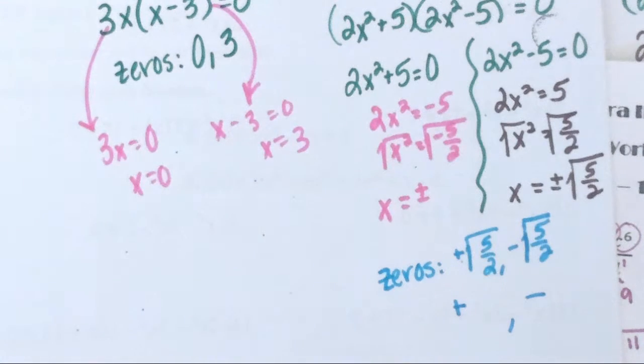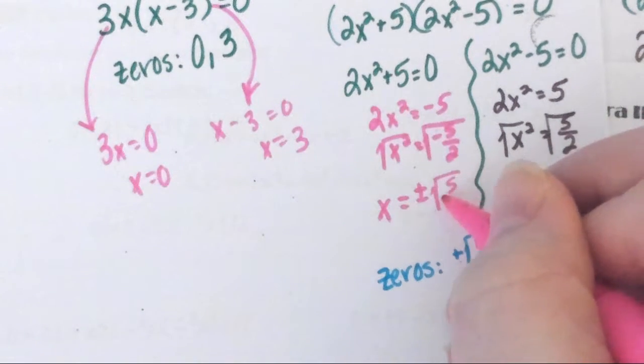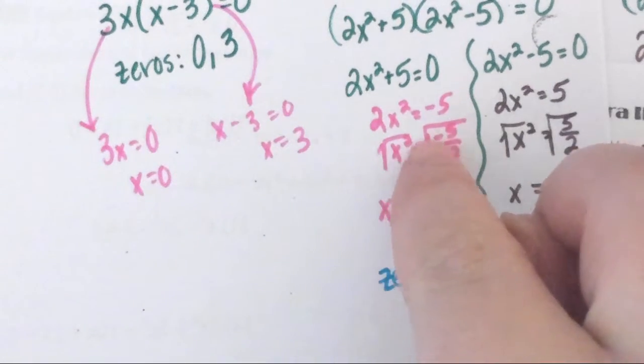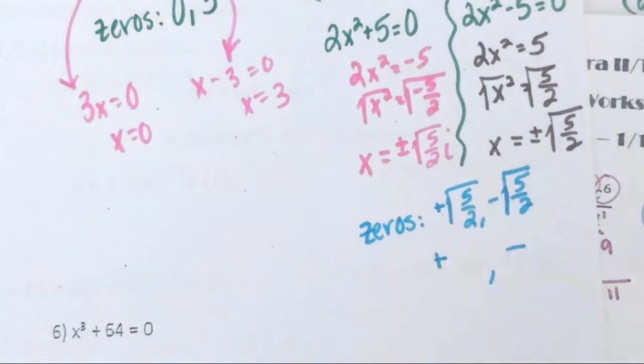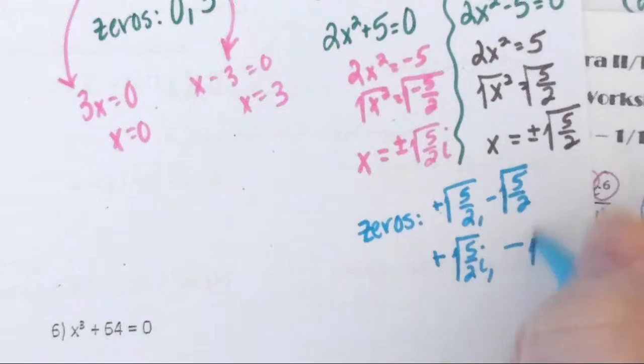Say it again. Yeah, it's still going to have the square root. It's going to be 5 over 2. But go back to realize, hey, I've got that negative under the radical. That's when I need i. So my answers are plus square root of 5 over 2i and minus square root of 5 over 2i.